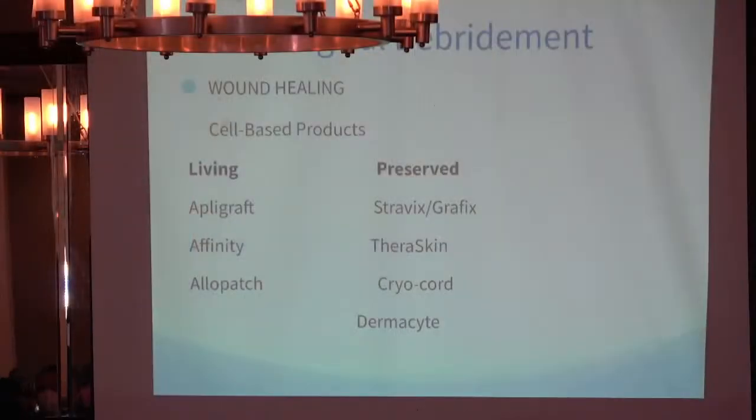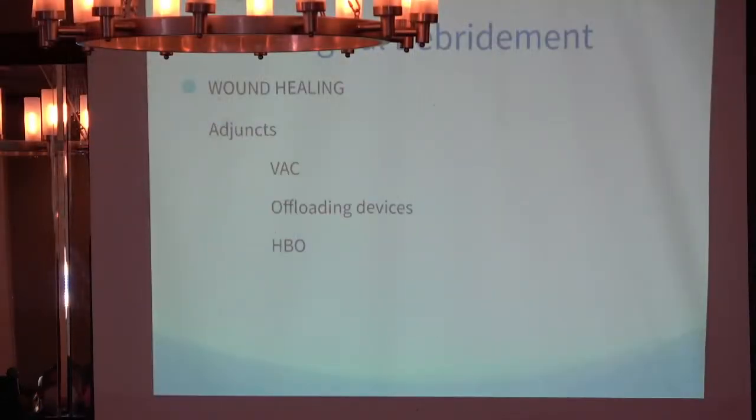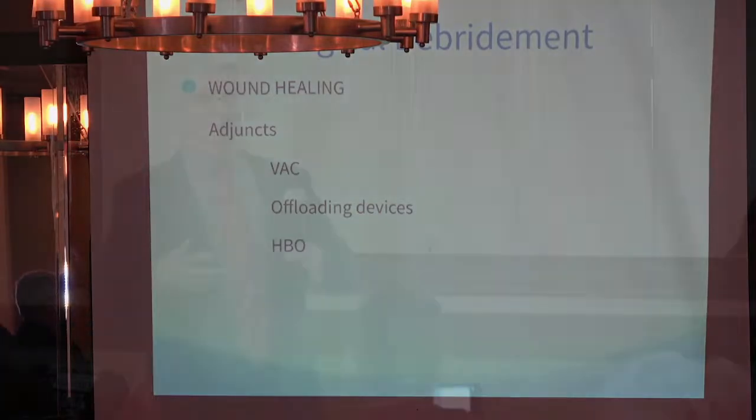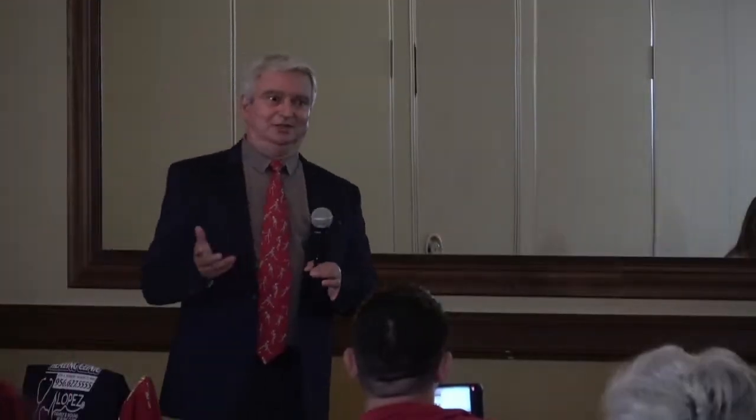Then we have adjuvants to help with the closing of the wound, like HBO, offloading devices, and some others like use of electrical or electromagnetic forces, things like that. I think that's it. Any questions?